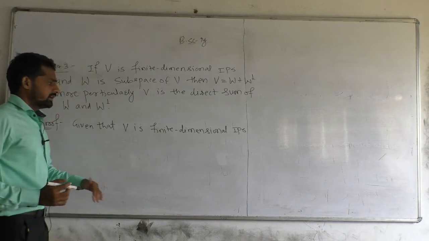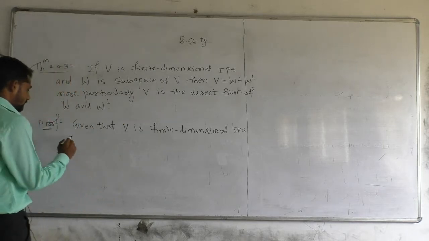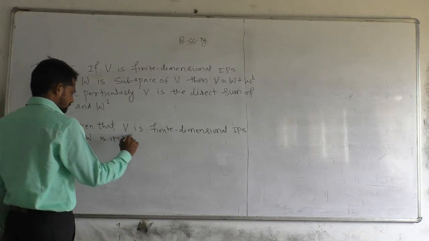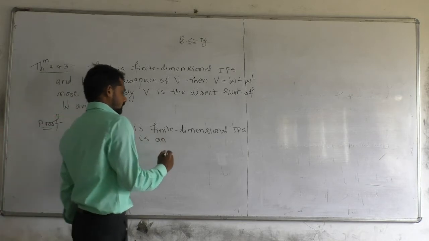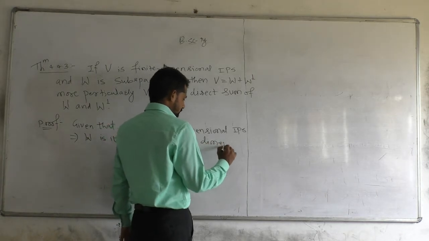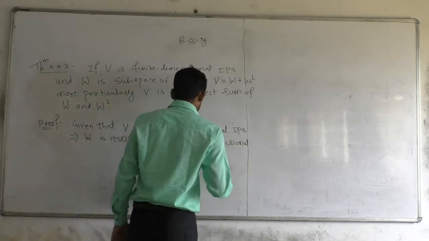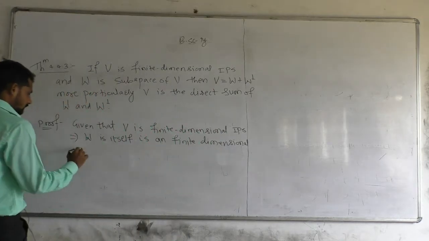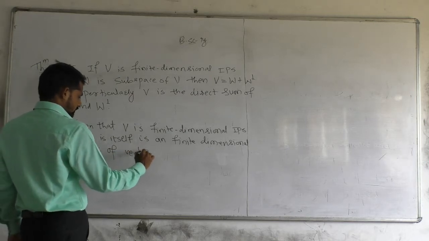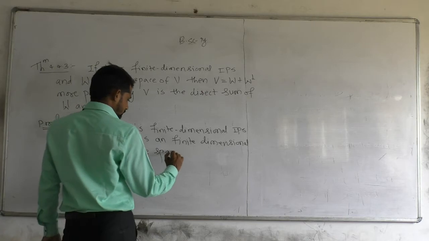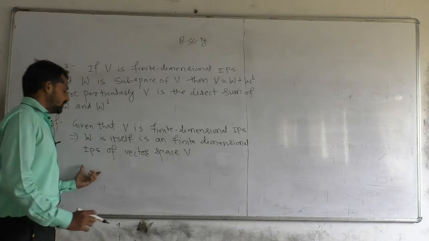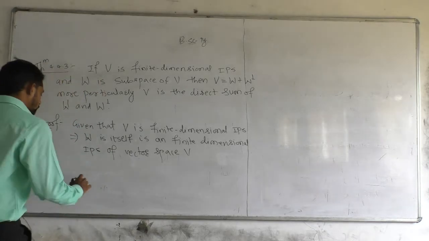Therefore, we can say that W itself is a finite dimensional inner product space of the vector space V. Now, if W is a finite dimensional inner product space, then consider the dimension of W is equal to r.